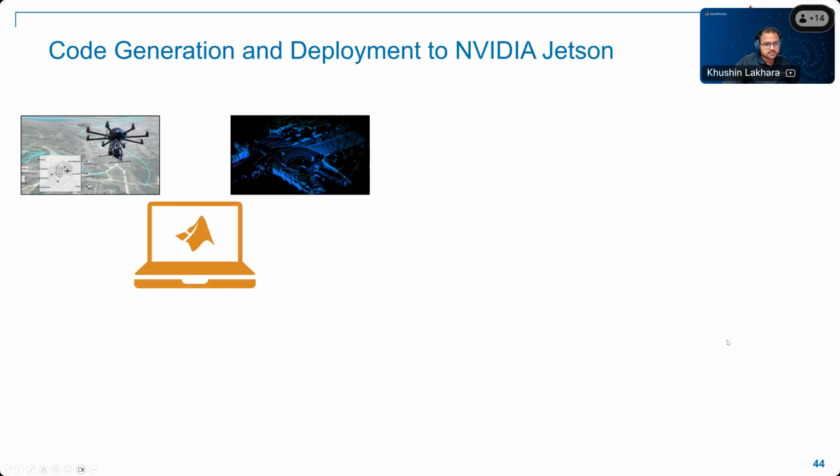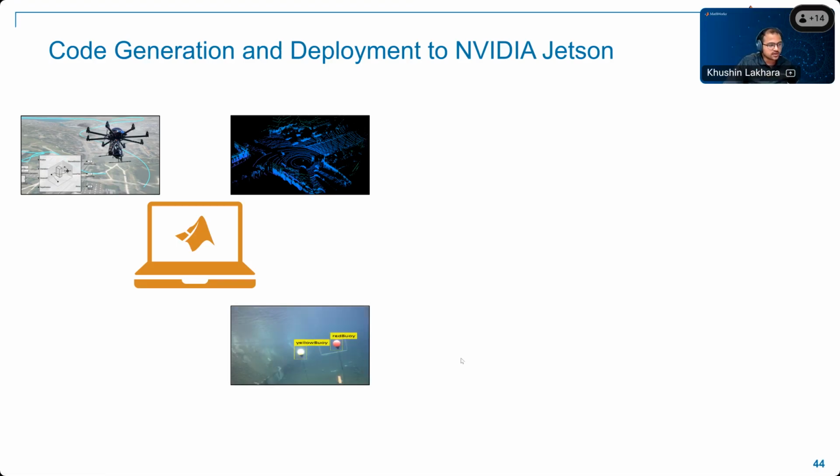For the NVIDIA Jetson, there are various purposes for which you can use the Jetson support package to develop and deploy your controller, where you have the lidar sensor, or you are putting heavy algorithms on the flight computers. For all these purposes, you can do CUDA code generation and deploy it on hardware.